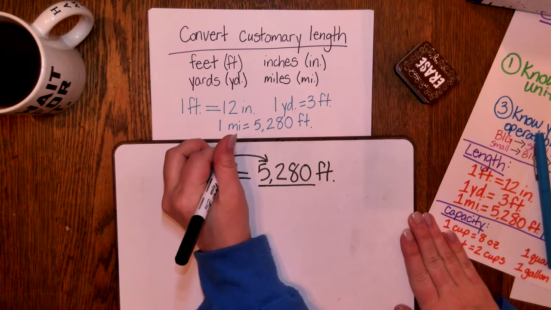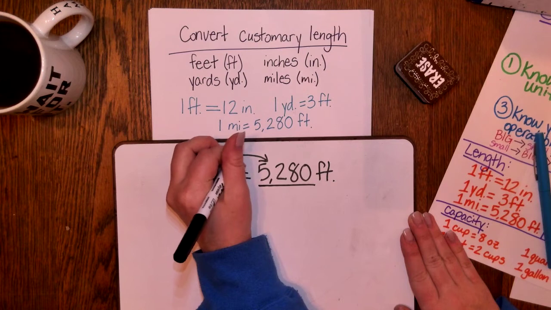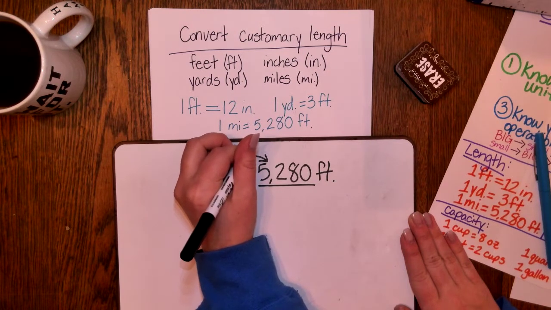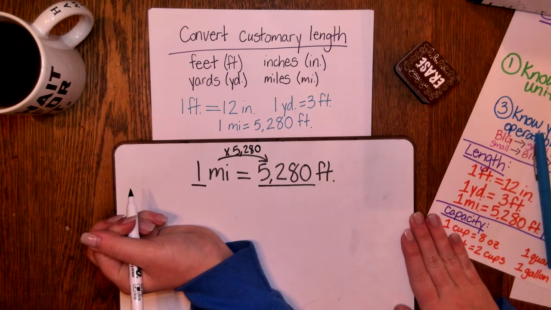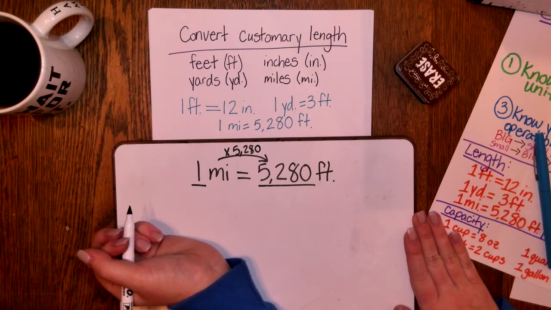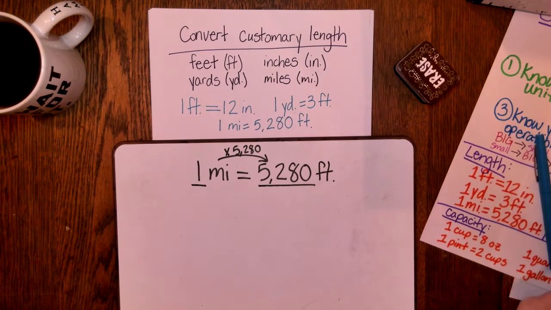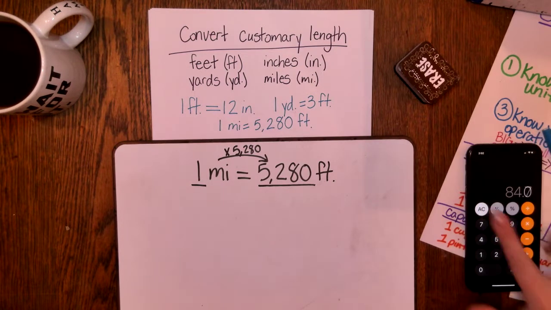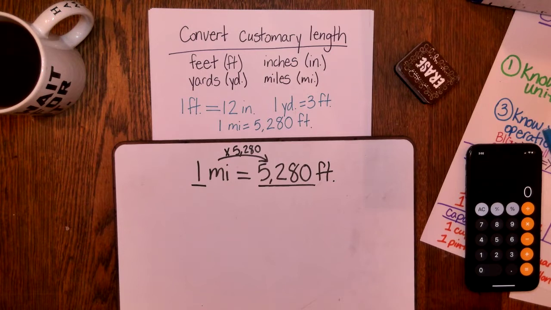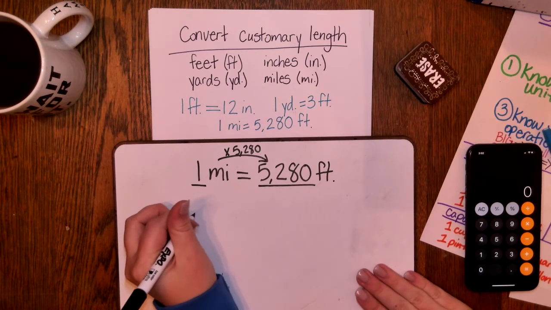Here, we're multiplying by 5,280. Now, I'm not even going to try to do all this in my head, so I'm pulling out a calculator. If you have a calculator at home, please, you are welcome to pull it out. So let's think.